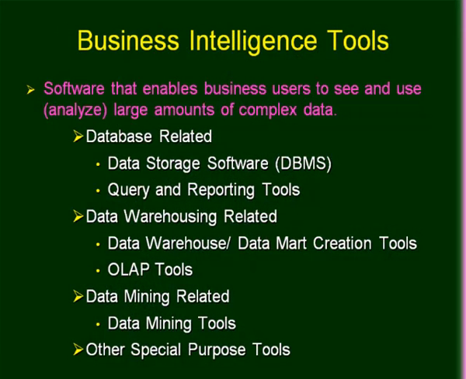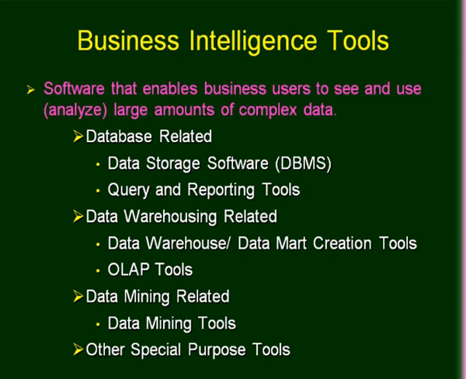From the tools point of view, business intelligence software enables business users to see and use large amounts of complex data. Tools are categorized into different parts. Some tools are required in each category. The first category is database related software tools: DBMS, query tools, reporting tools.